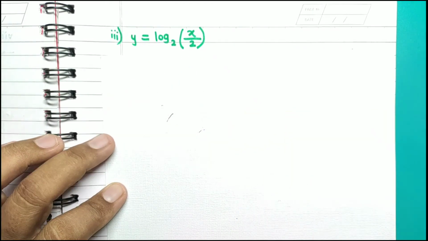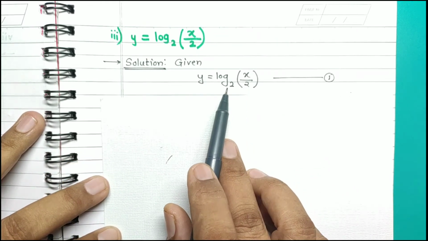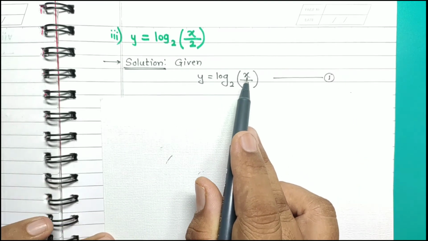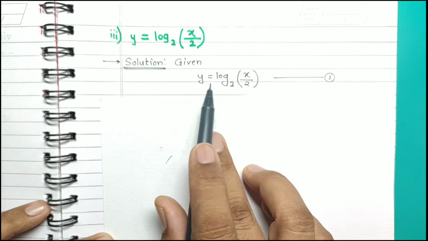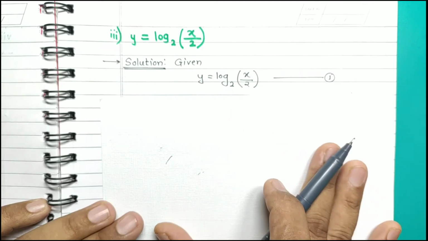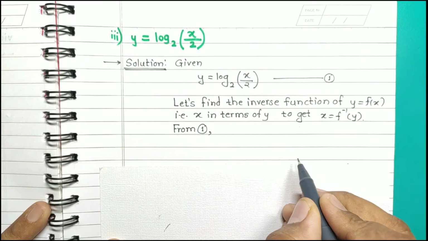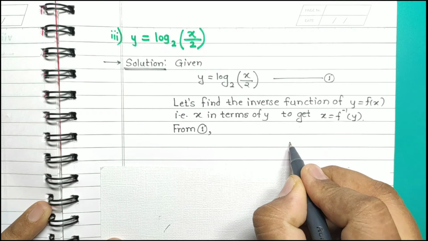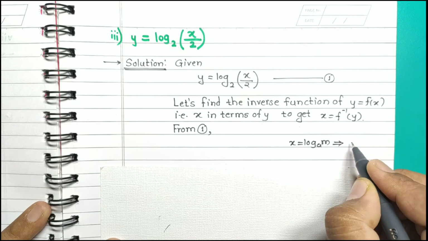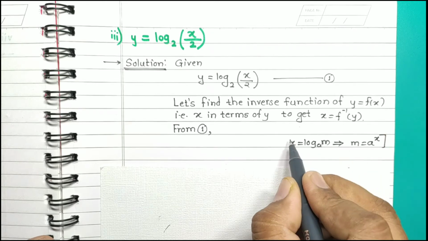So let's move on. In the solution, you write down the given function as y is equal to log of x by 2 to the base 2. Call it equation number 1. To find its inverse, we have to express x in terms of y. That means we have to find the exponential form of this logarithmic form. For that, we know that if x is equal to log of m to the base a, this gives m is equal to a raised to x as the exponential form.